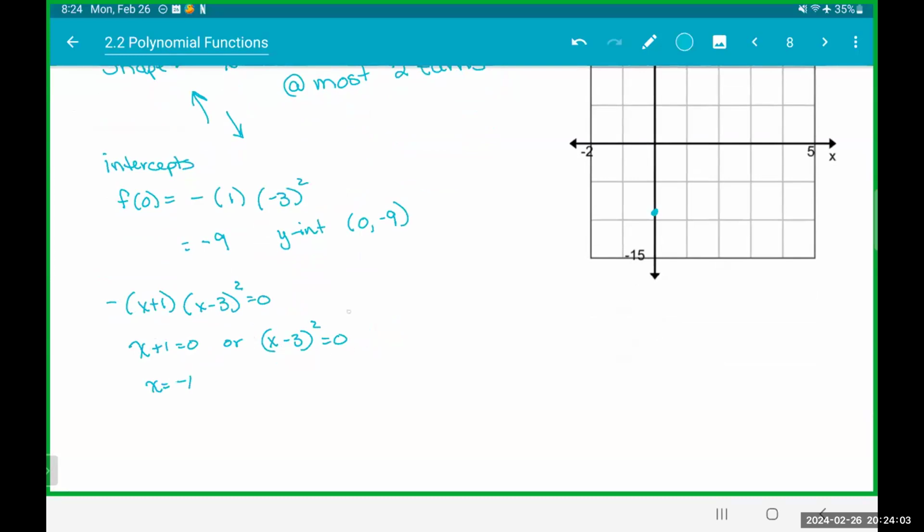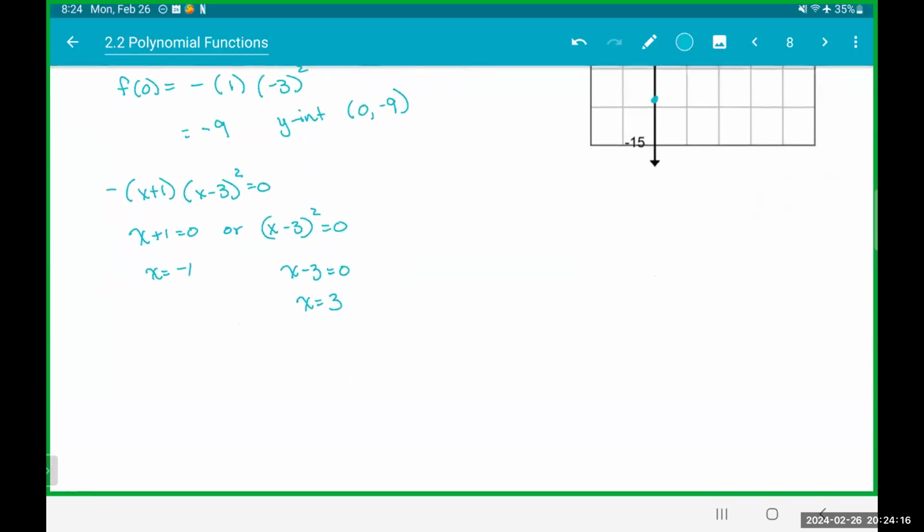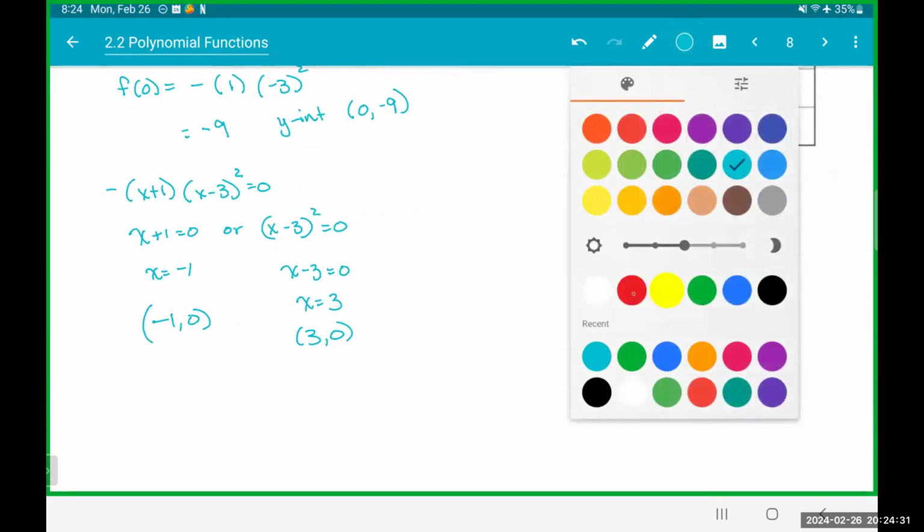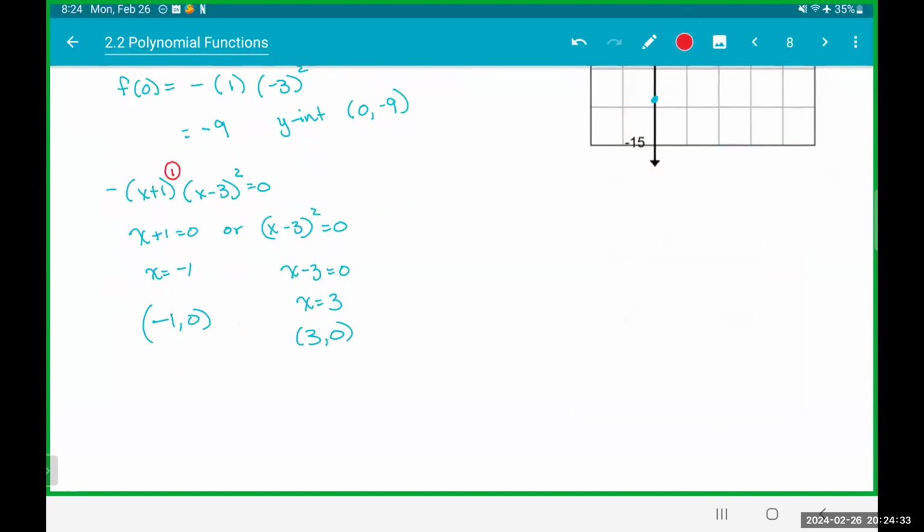Or if I take the square root of both sides, I get x minus 3 is equal to 0. Add 3 to both sides, I get x equals 3. So I have x-intercepts that cross at negative 1, 0 and 3, 0. I have a multiplicity of 1.